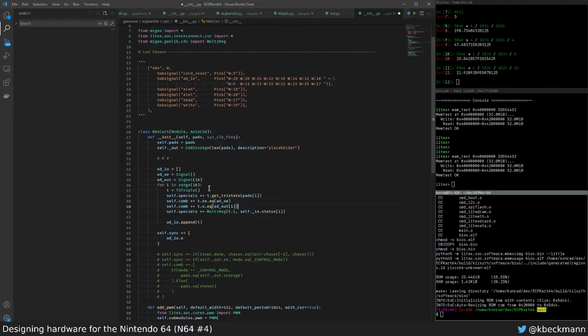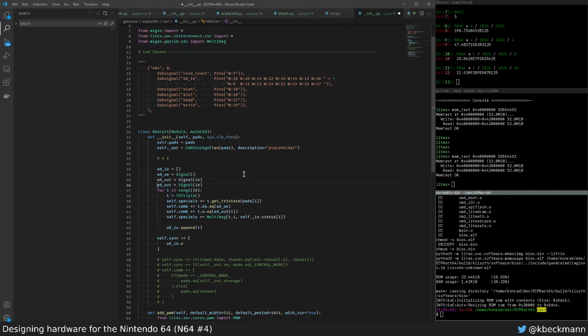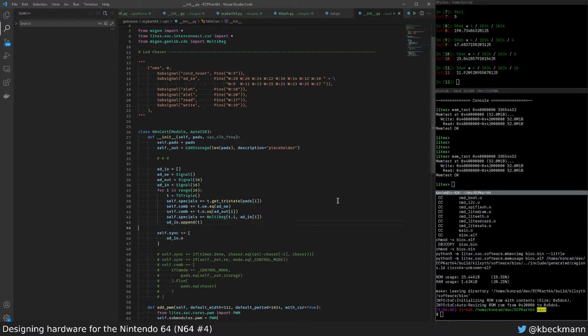Yeah, I think that's interesting. Then we can also do AD in and do the same thing but inverted. So just like that. I think this actually makes sense. So now we have wrapped all of the address bus as an input and output.